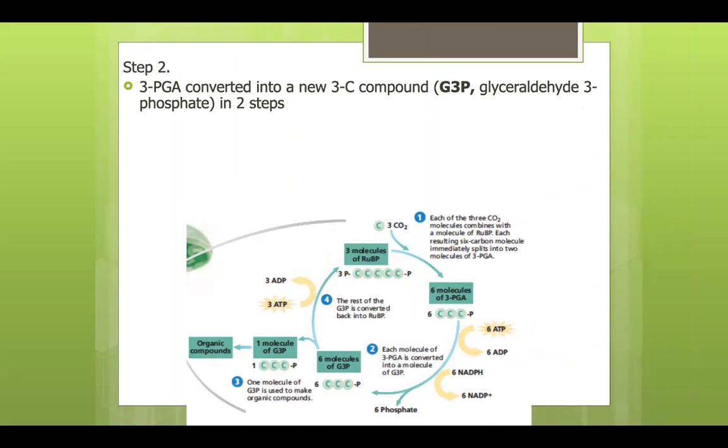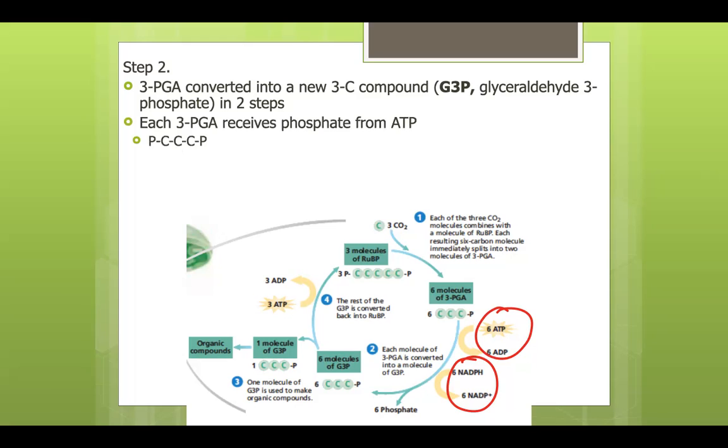Now, 3-PGA is going to be converted into a new 3-carbon compound called G3P, glyceraldehyde 3-phosphate. This is going to happen in 2 steps, which you see here and here. Again, just ignore the numbers in front of the molecules for now. The numbers don't matter. So the first step is going to be that each 3-PGA is going to receive a phosphate from ATP.